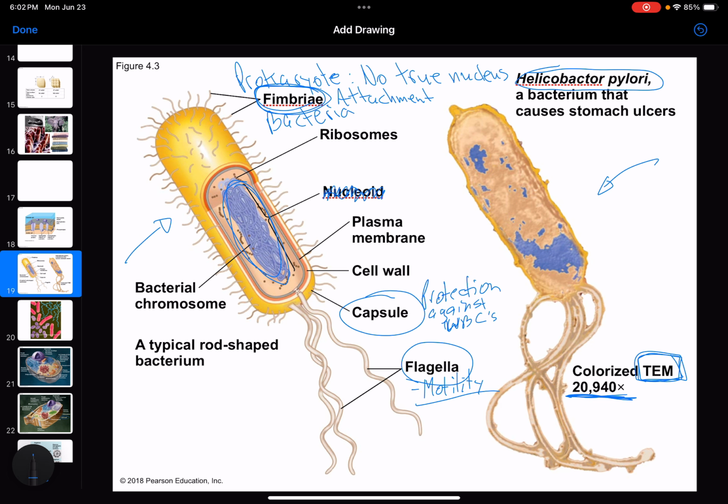Biofilms protect bacteria from treatment, from medications that we use against them. So they are very much a protective feature for bacteria. But I want you to know that they're used for protection against white blood cells. Okay, moving in is the cell wall. All right, bacteria have a cell wall, and they use that also for protection.